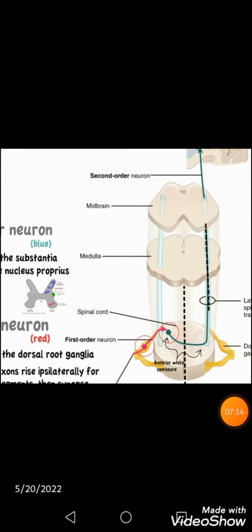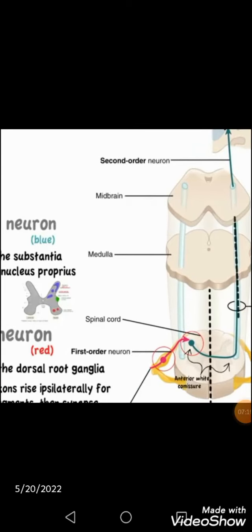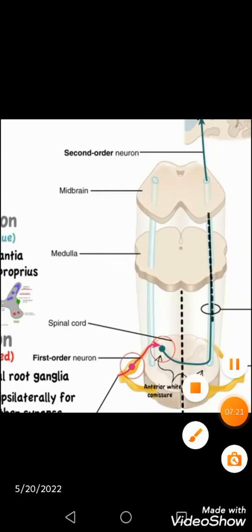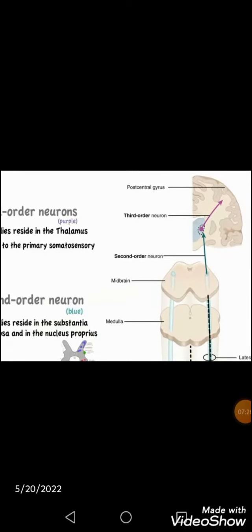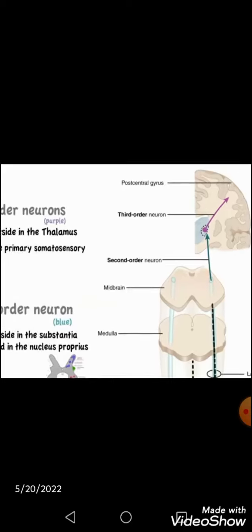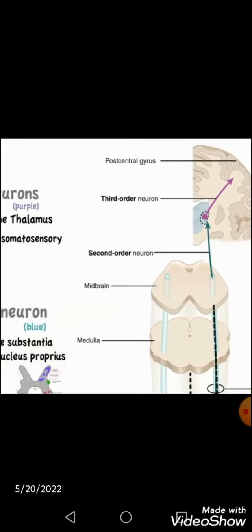Now this picture is showing you the second order neuron up to the thalamus, right? And here you can see the third order neurons that are running from the thalamus up to the postcentral gyrus or sensory cortex, right?